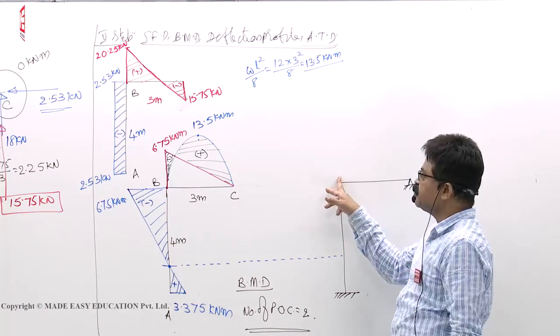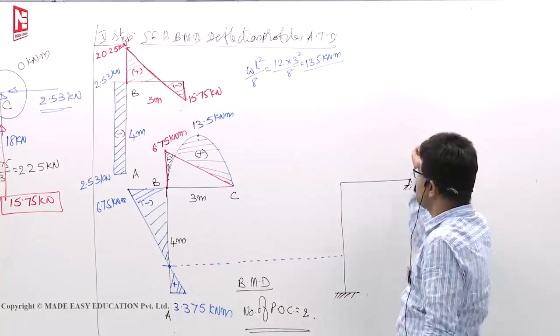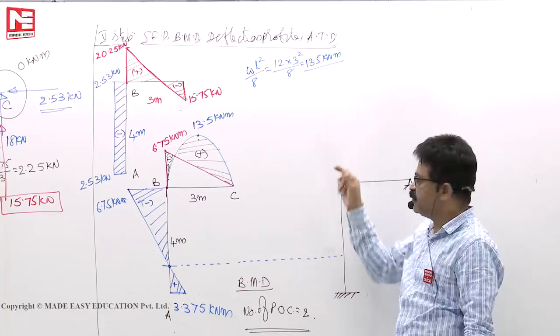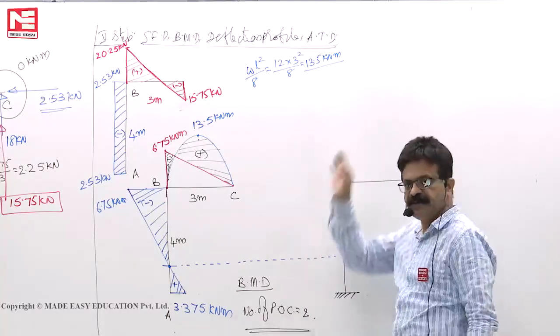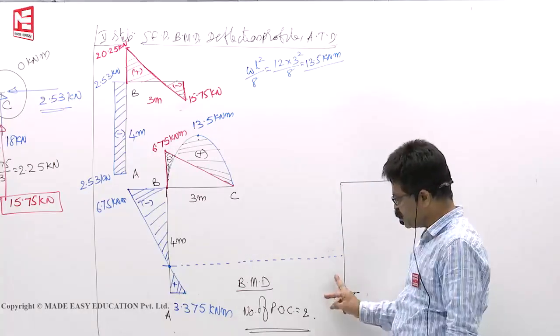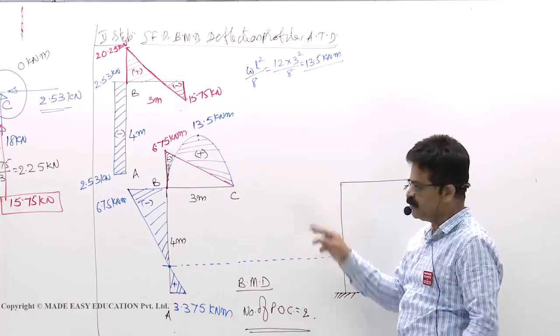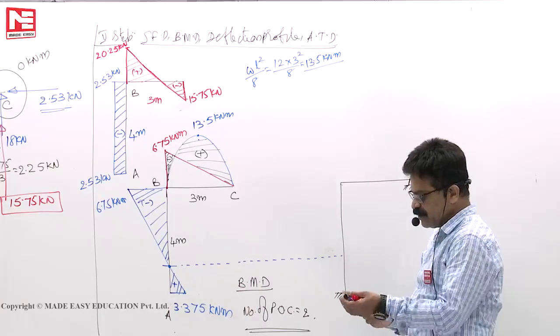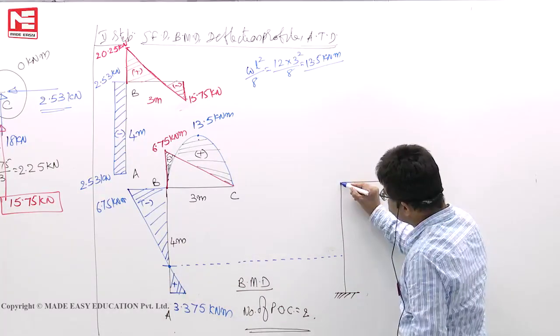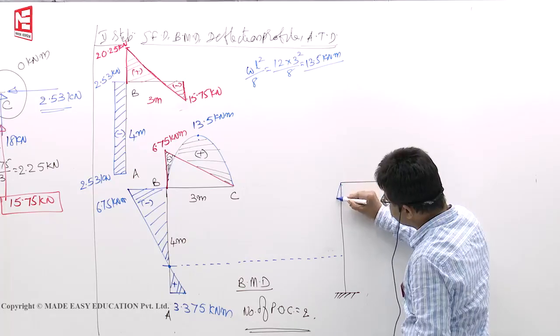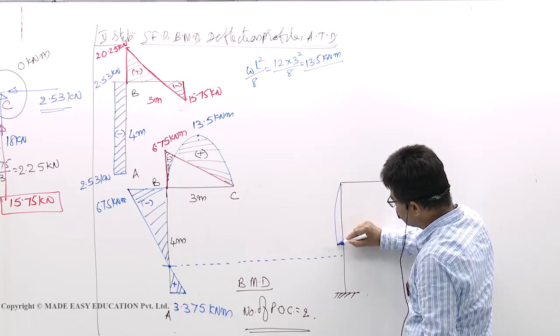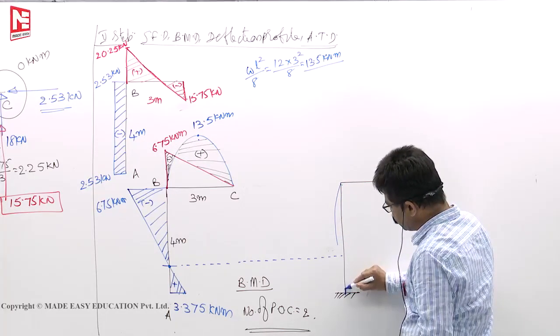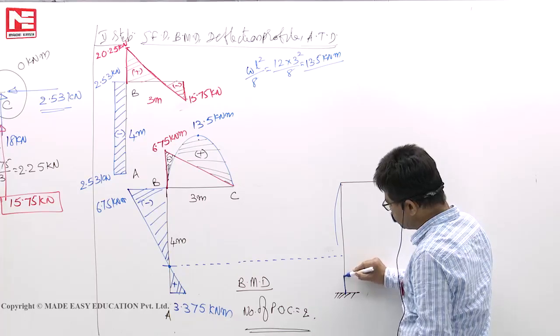This point cannot move left or right because any support is there. So B cannot sway. So B should be kept as it is. This should sag, this should hog. See here, plus means sagging, minus means hogging. So from here to here it is hogging, and this must sag and the slope should be 0.